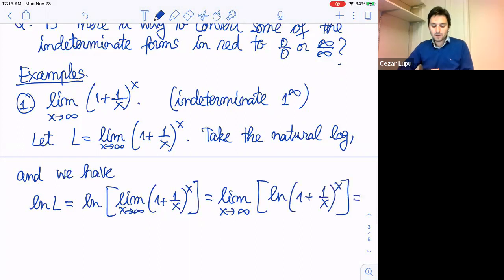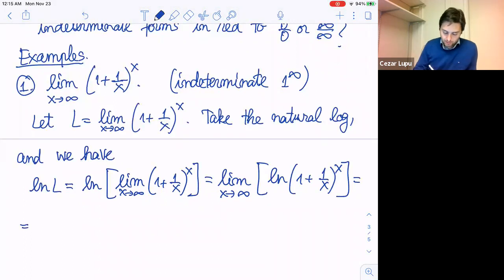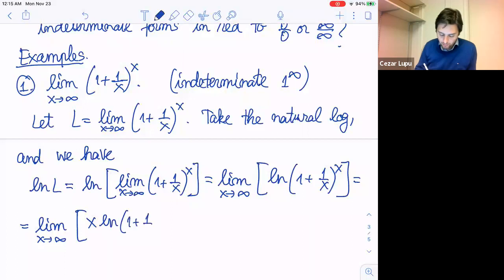right? So this is the limit as x approaches infinity of x ln of 1 plus 1 over x. Okay. And now let's see, what kind of indeterminate form do we have here?